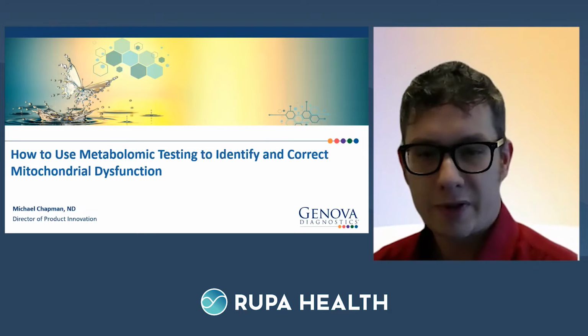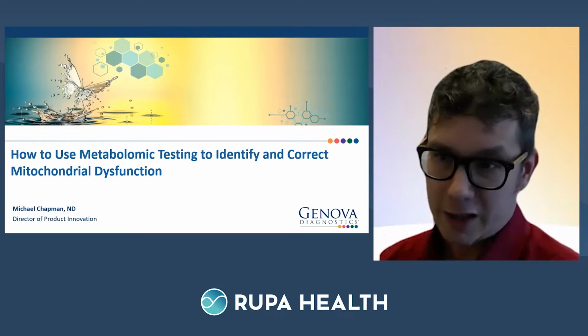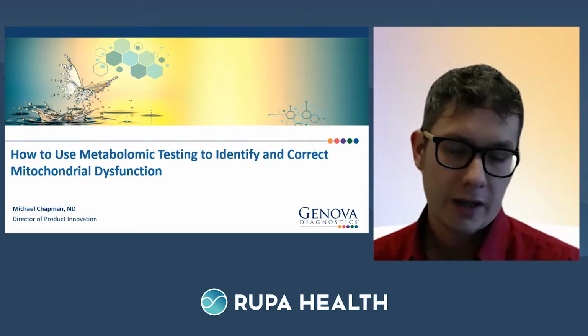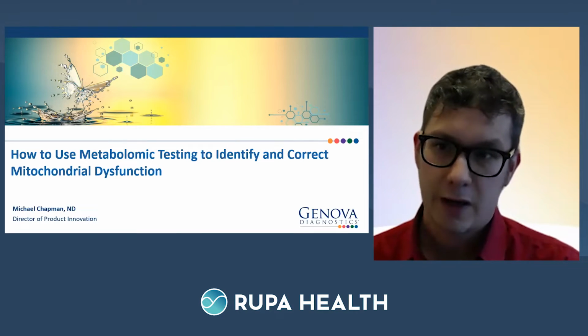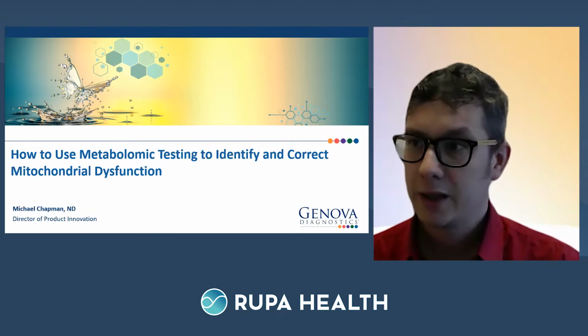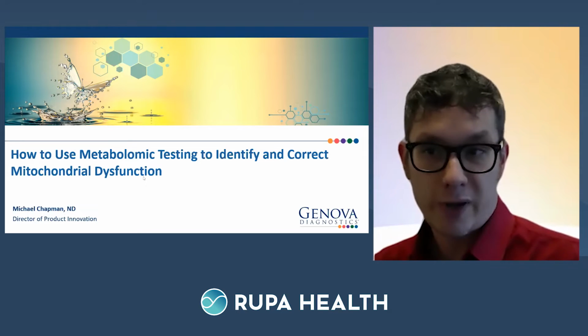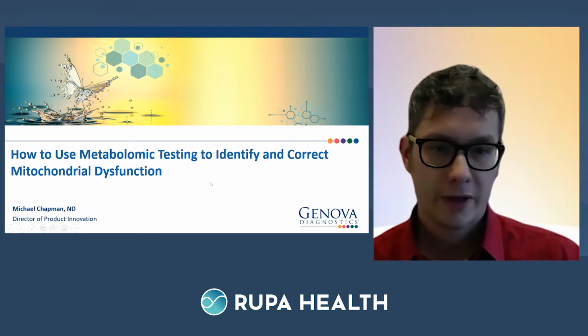And so this topic of mitochondrial dysfunction is gaining steam. It has been pretty well established in the research for quite some time. And I'm going to talk about how we can really understand this from a lab testing perspective, how we can get hints and insights, and even talk a little bit about what you might expect from different patient populations that you could be seeing in your practice. So with that, let's just get rolling.